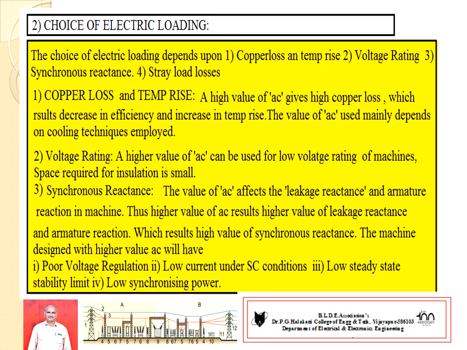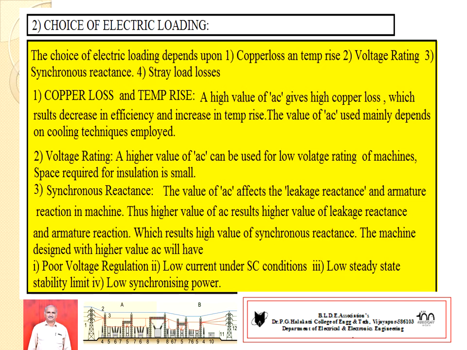Second one, voltage rating. A higher value of AC can be used for low voltage rating machines, since the space required for insulation is small. Number 3, synchronous reactance. The value of AC also affects leakage reactance and armature reaction; these two mainly depend upon the selection of AC.